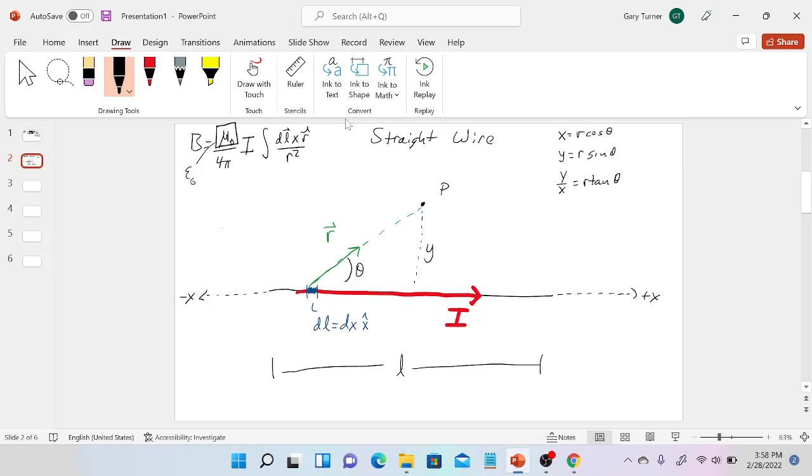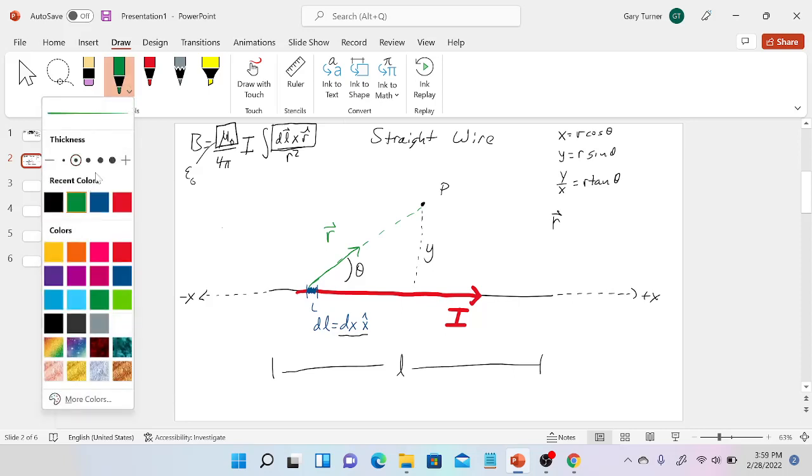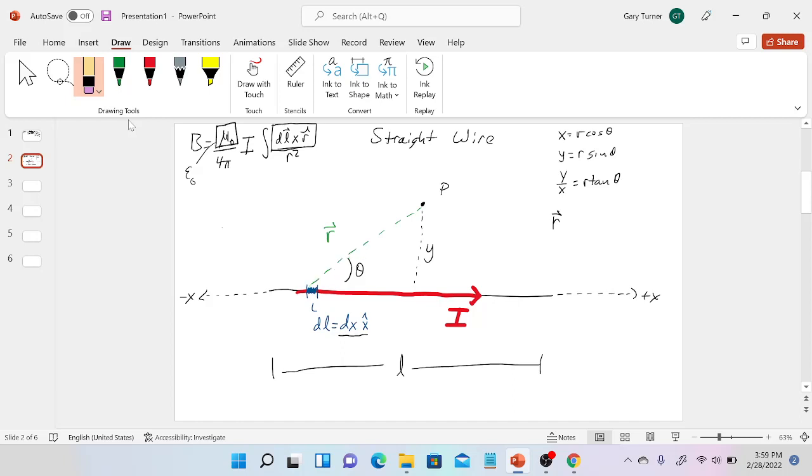And so we're dealing with this cross product portion here. We've got our dl defined, it's dx in the x direction, and r is in the xy plane. So another relationship that might be worth looking at is, technically, I really should draw this a little bit more precisely. Technically, r is the vector that stretches all the way.